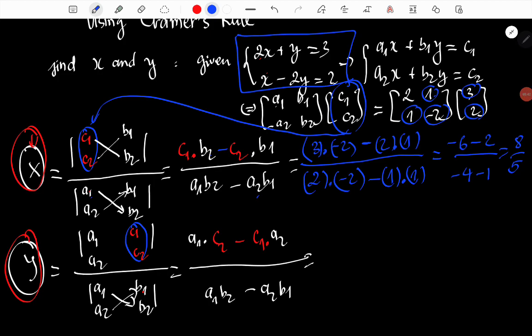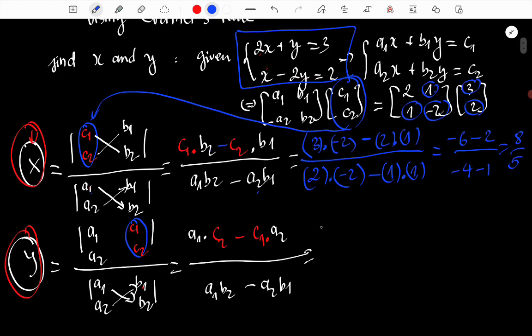Alright. And for the y, we have a1. Look at this, a1 is 2, times c2 is 2, minus c1 is 3 times a2 is 1.